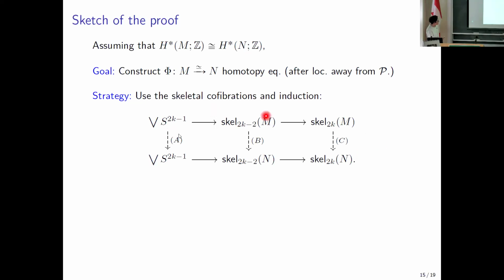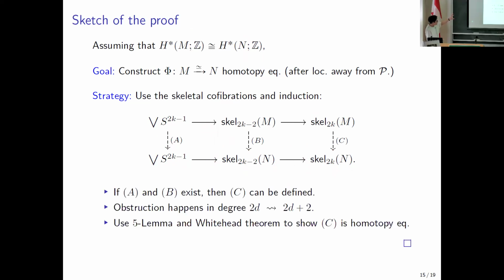So the first row is the cofibration for the first manifold, and the second row is the cofibration for the second manifold, and then we want to connect these two, right? Because this is a cofibration diagram, if you have a map between the first horizontal map and the second horizontal map, that's going to induce a map in the last vertical map, I'm sorry.